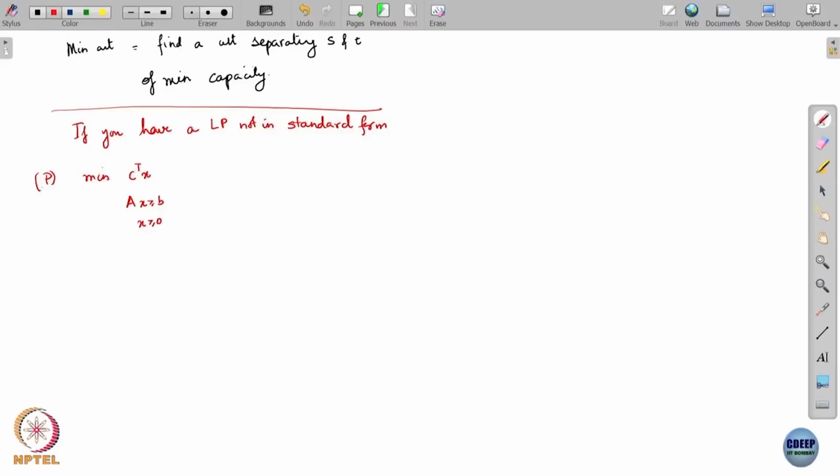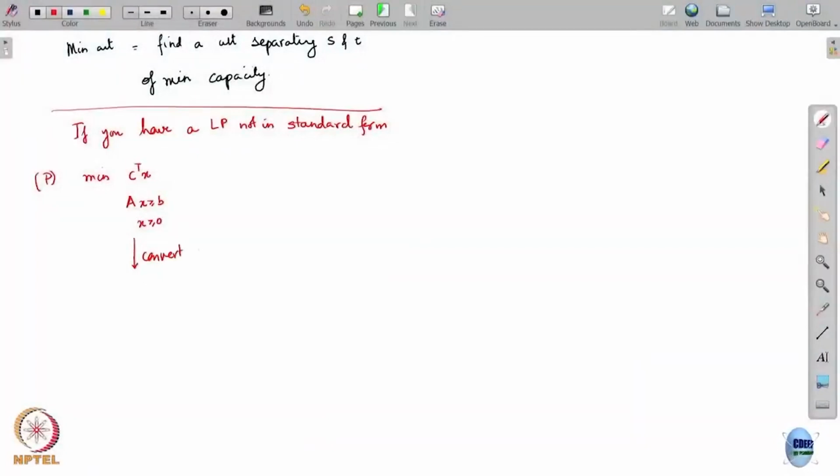Its dual will take a different form, but the way to get there is that you can convert this to standard form, then do a dual of standard form, and usually after this some manipulations are needed, because usually this will lead to some redundant variables which you can eliminate easily.